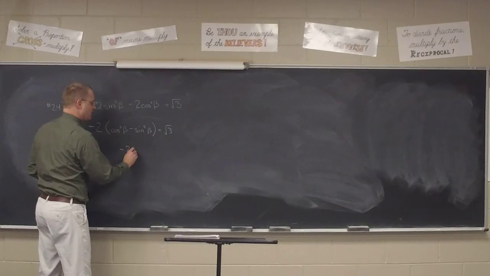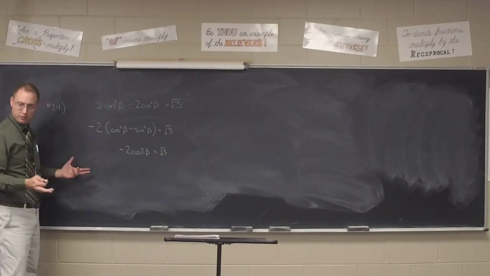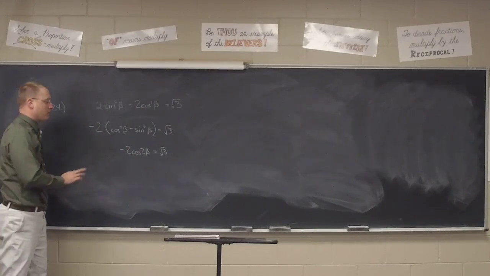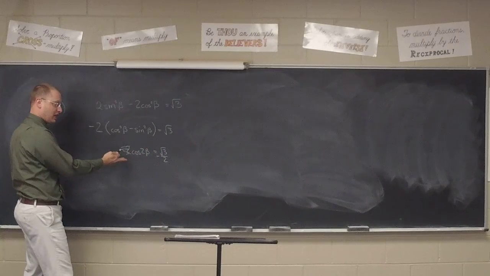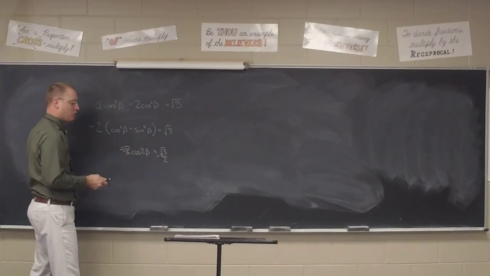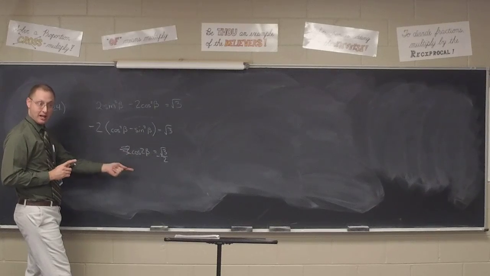So we could write this as negative 2 cosine 2 beta equals square root of 3. If we divide away the negative 2, we get that cosine 2 beta is negative square root of 3 over 2. Notice we've isolated the trig function.